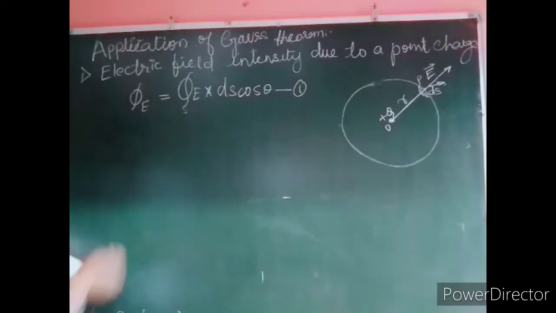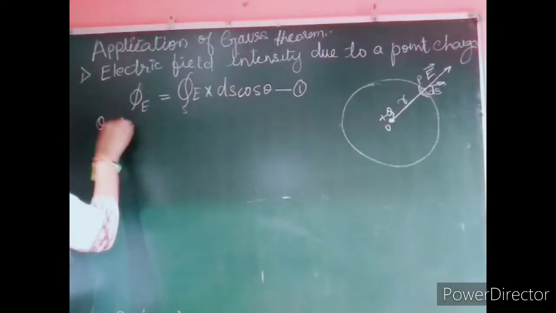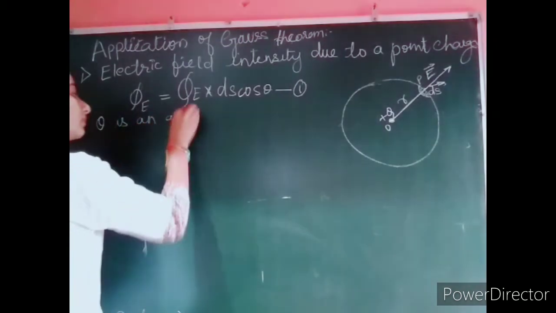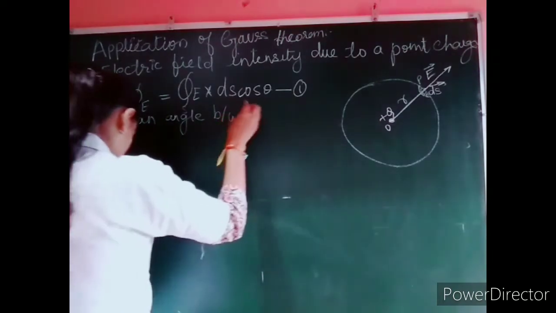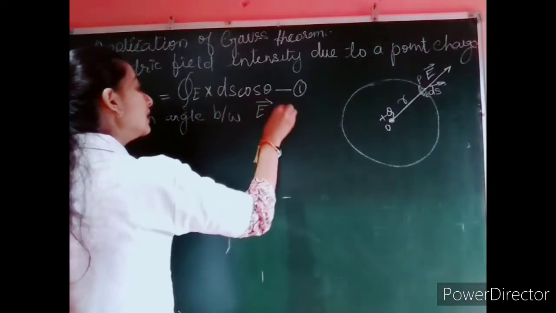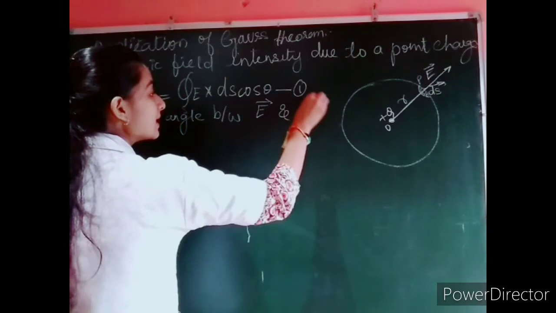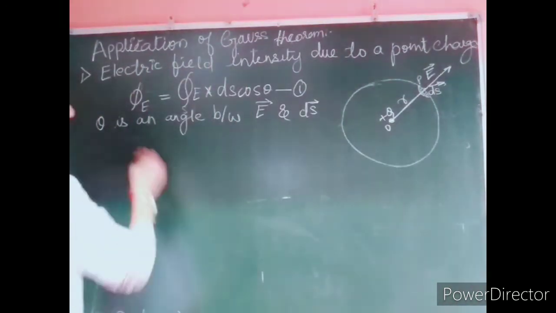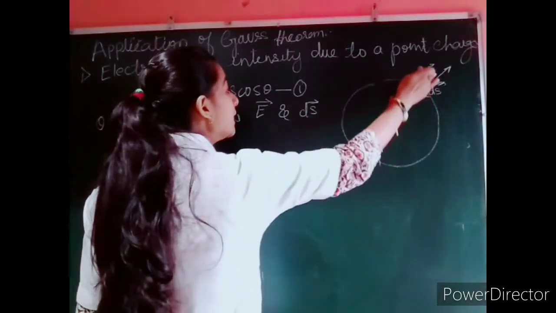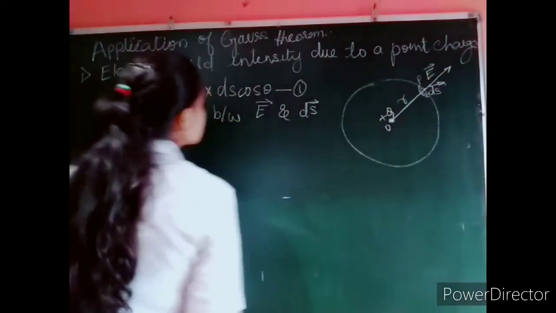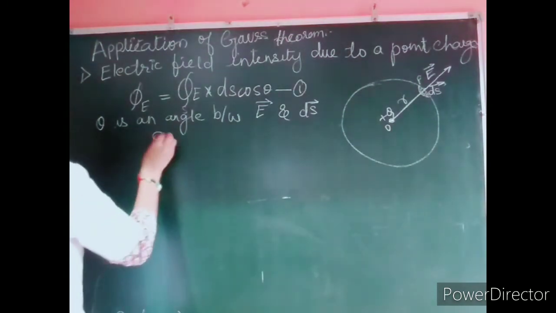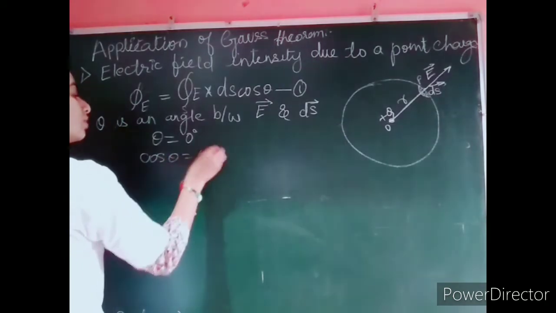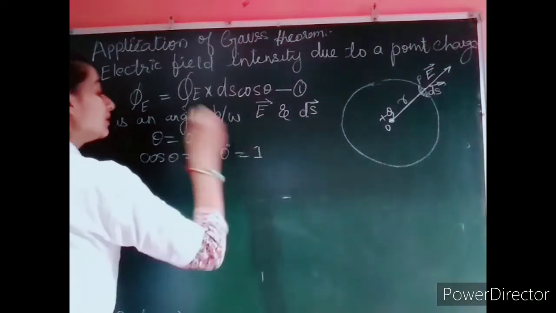So angle theta is an angle between intensity and ds, that is surface. Now we have seen the angle between intensity E and ds will be 0 degree, so theta will be 0 degree and cos theta is equal to cos 0 degree, which is 1.